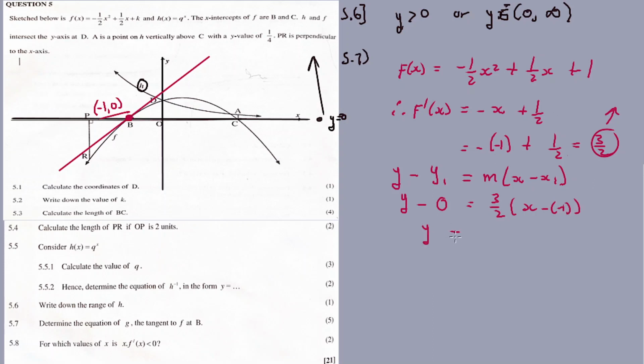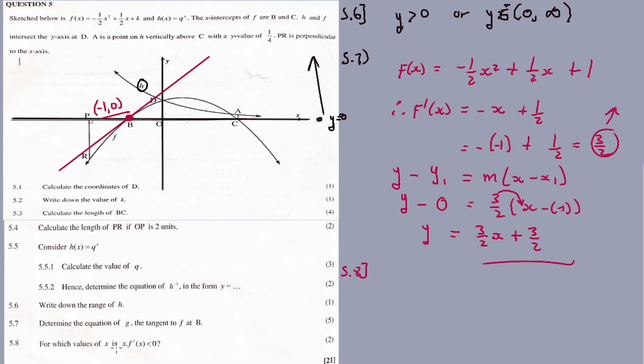So y equals 3 over 2 x, plus 3 over 2 times 1, since a negative times a negative is a positive. So y equals 3 over 2 x plus 3 over 2. This is the equation for the tangent.